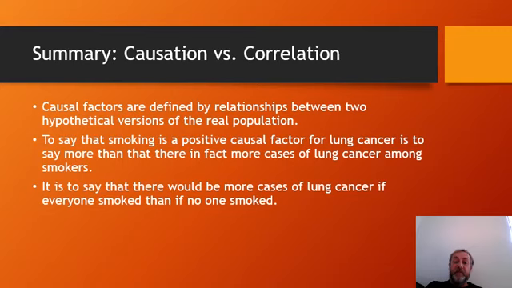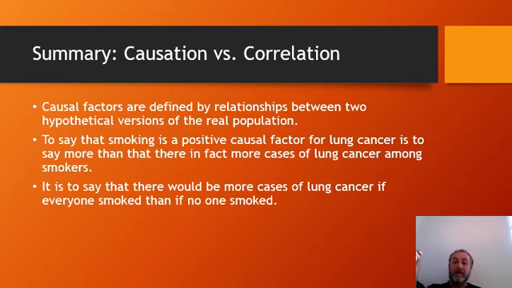And whether it's a causal factor is to say that there's a relationship between two hypothetical versions of the real population. The correlation just says there's more lung cancer in smokers than in non-smokers.